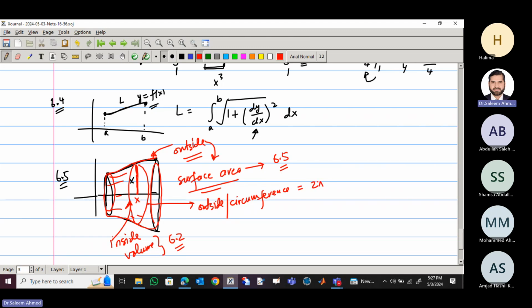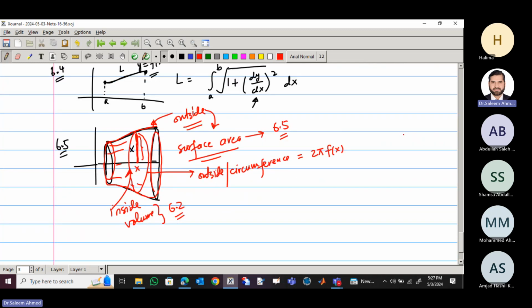So you know that it is 2 pi radius, 2 pi f of x. The radius is still f of x, right? This height is still f of x. So inside gave you the area. If I consider the area and integrate, it gives me the volume.